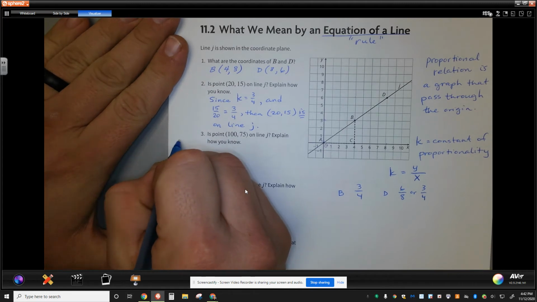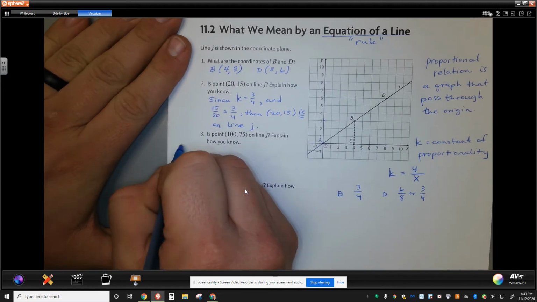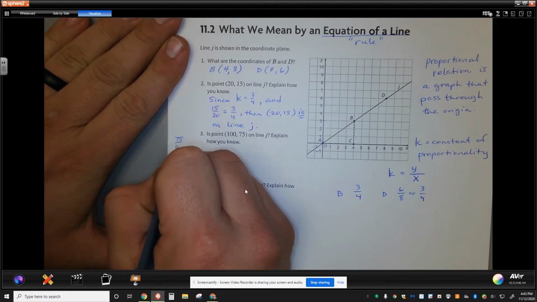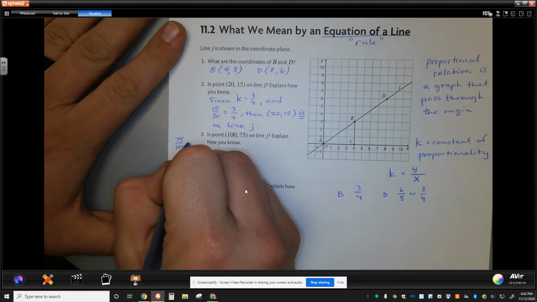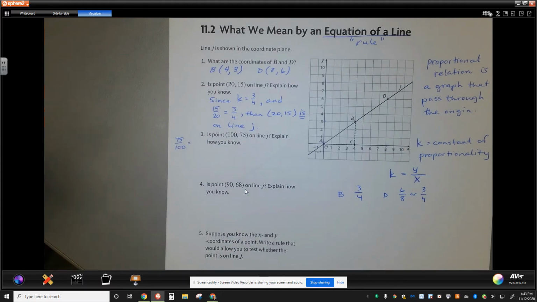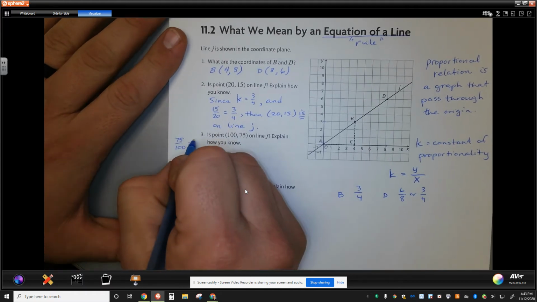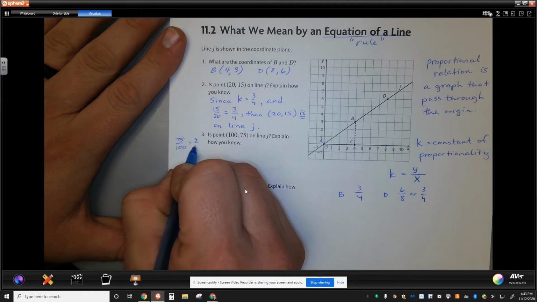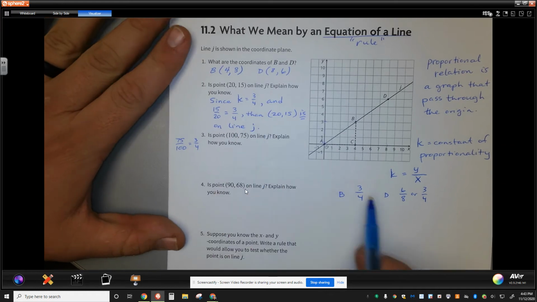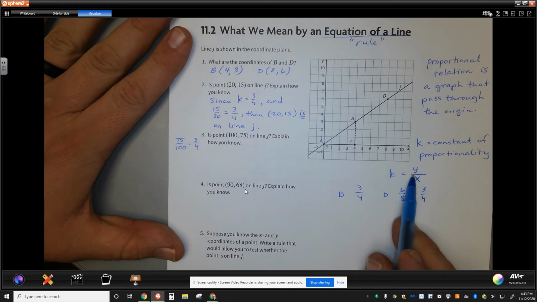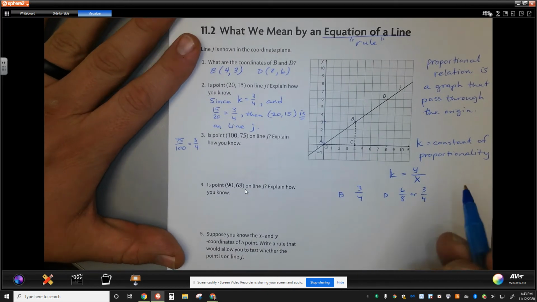Let's look at this one, 75 and 100. Well, we know with this one, 75 and 100, that we can also simplify that one, reducing by a scale factor of 25. So 75 divided by 25 is 3. 100 divided by 25 is 4. I see that 75/100 is in line with my proportional value of k equals y over x.